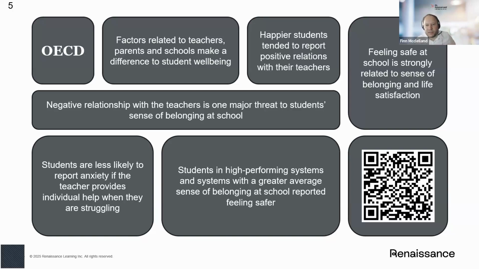On the screen here are some findings from across several OECD research papers which focus on factors which might influence this perception of belonging. These include positive relationships with adults and peers, and crucially, personalized support when students are struggling.